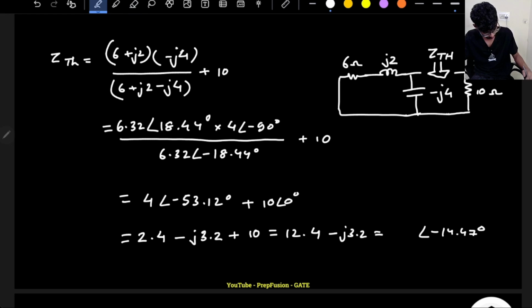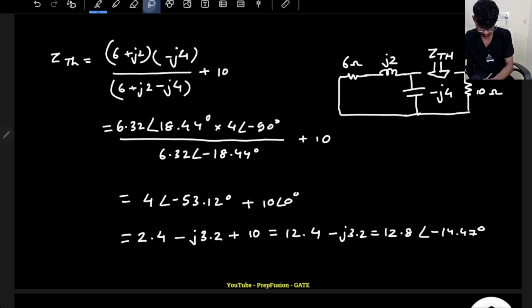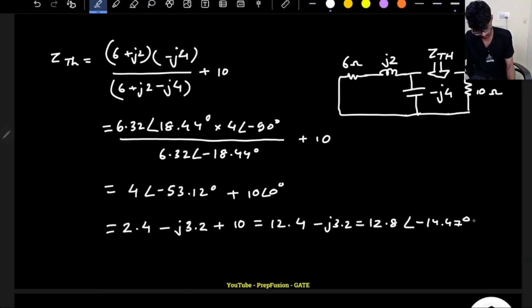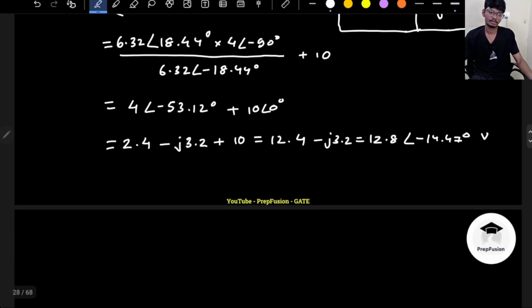The magnitude will be the square root of 12.4 squared plus 3.2 squared, so it will be 12.8.